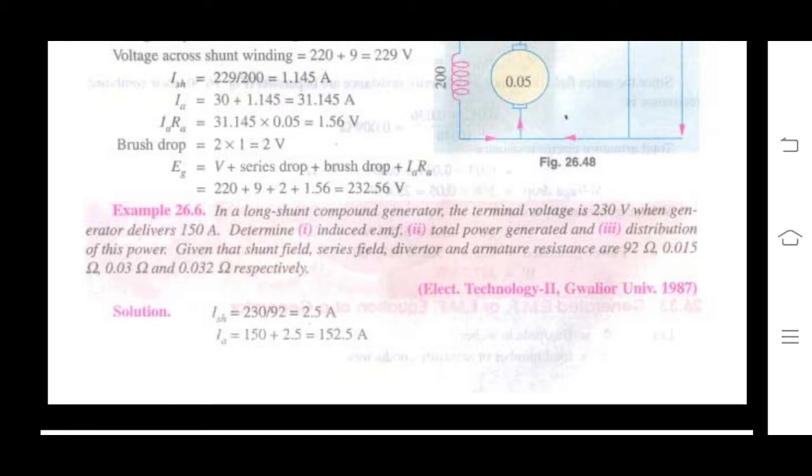For a long shunt compound generator, E is equal to V plus IARA plus ISCRSE plus brush drops. Here ISC and IA are the same. Draw the long shunt compound generator.